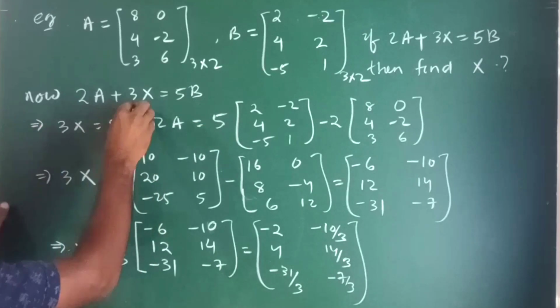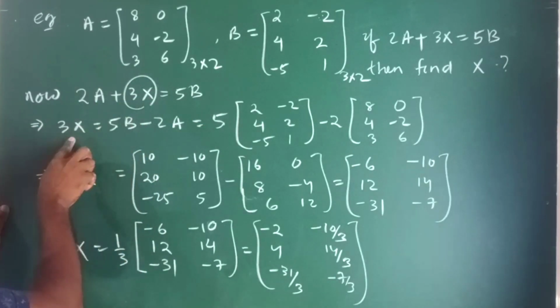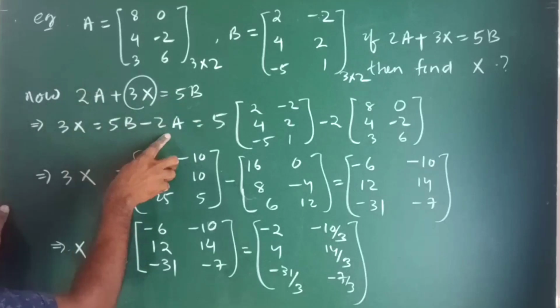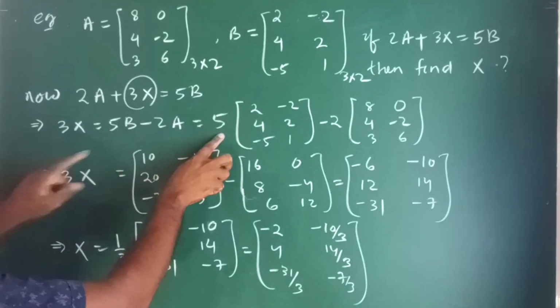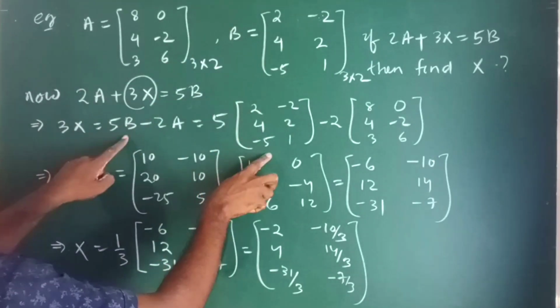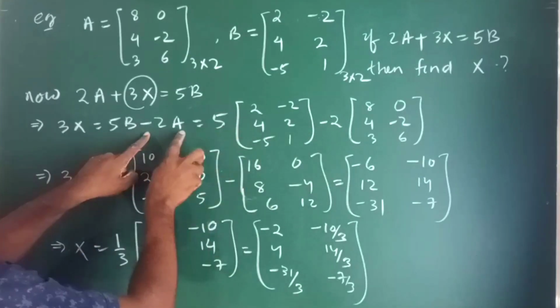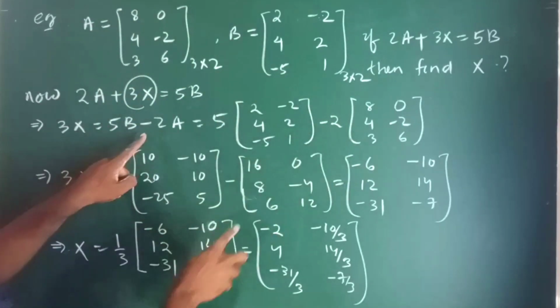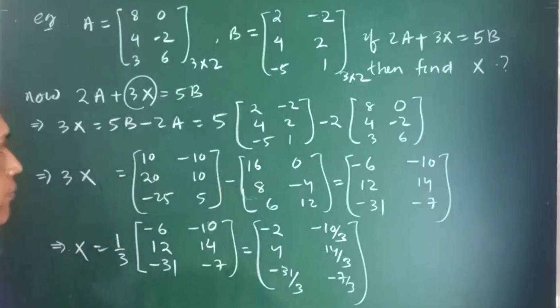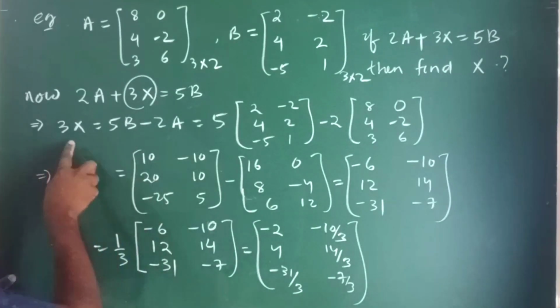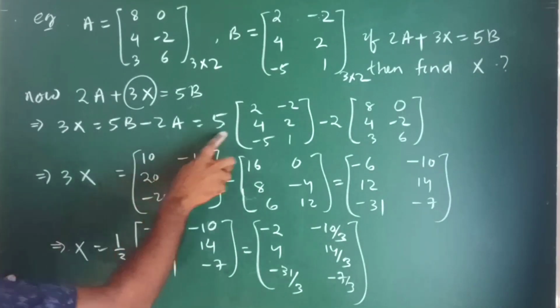So 3X is equal to 5B minus 2A. 5 into B is this matrix, minus 2 into A is this matrix. So we put B and A here, and now 3X is equal to 5 into this.